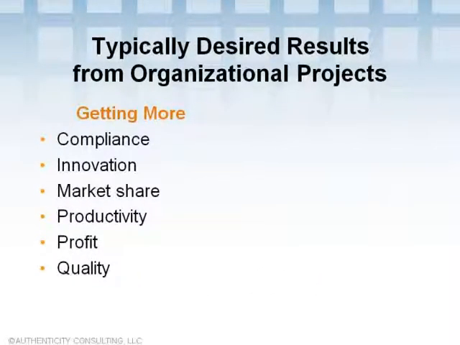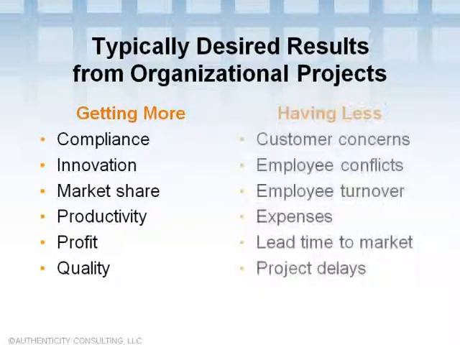Similar to selecting desired results for individual development, it might help to glance at some typical results for organizational development when choosing a project for action learning. For example, an organization might use action learning to be getting more compliance, more innovation, more market share, more productivity, certainly more profit, and oftentimes more quality.